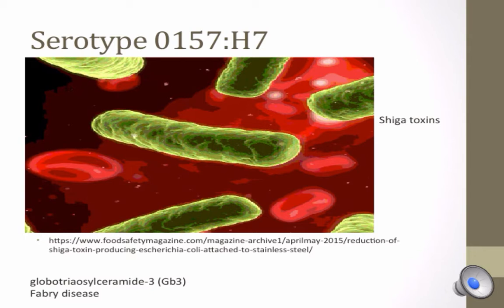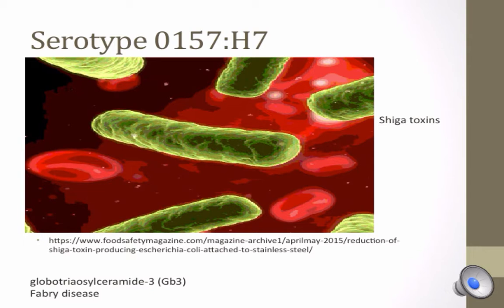If we had a deficiency in Gb3, no expression of Gb3 whatsoever, that actually causes something called Fabry disease, which I won't get too in detail into because that's just a side note. The reason why I wanted to talk about this, and the whole reason why I want to talk about serotypes altogether, is because it's important to know that cattle actually lack the expression of vascular Gb3.